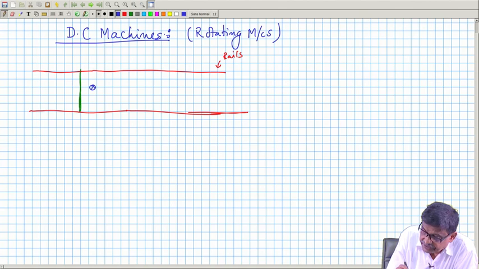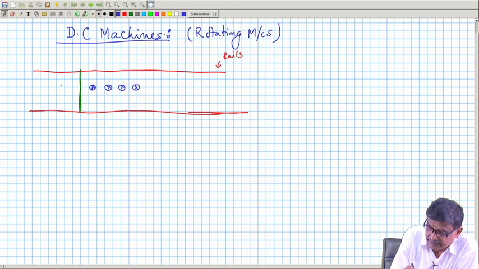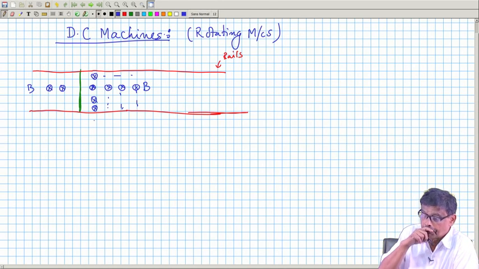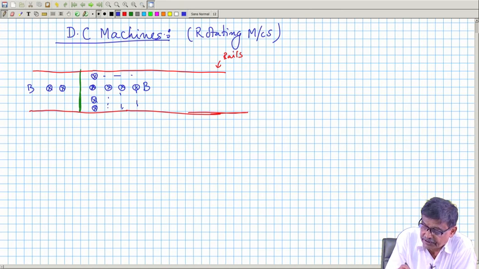So, B direction is all along the whole length and also along the breadth, everywhere it is the flux density B, from top to bottom, and this is a conductor.